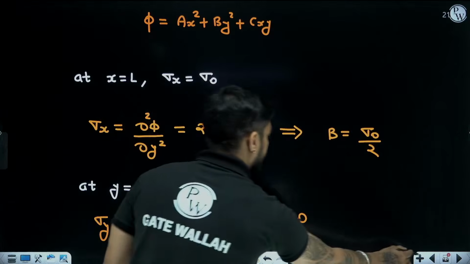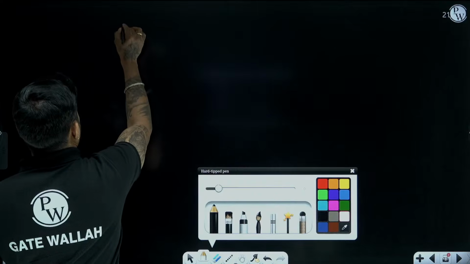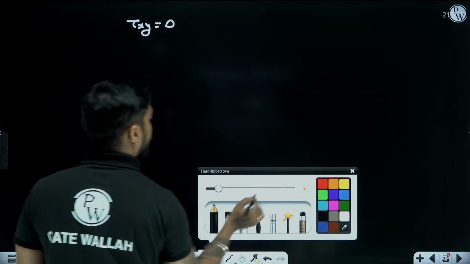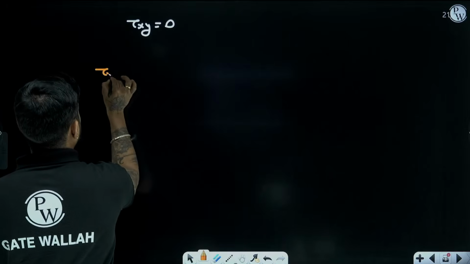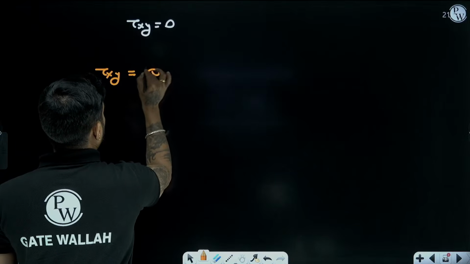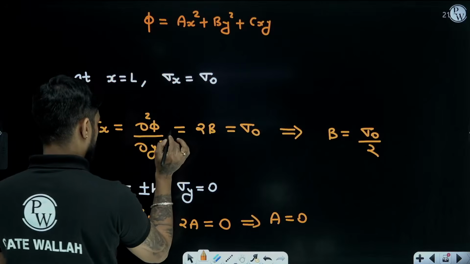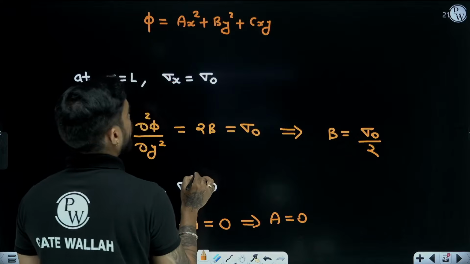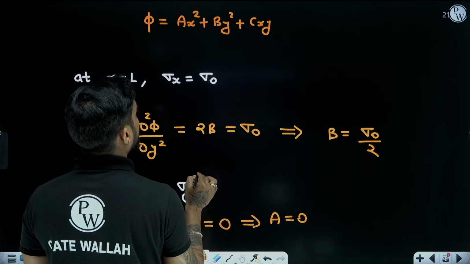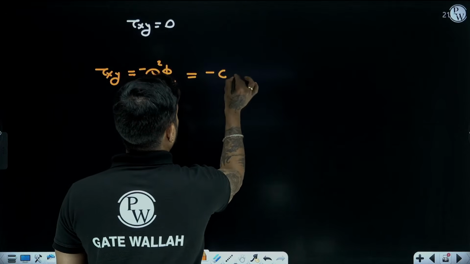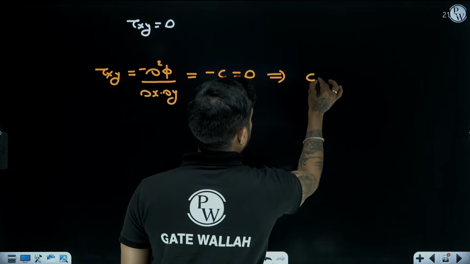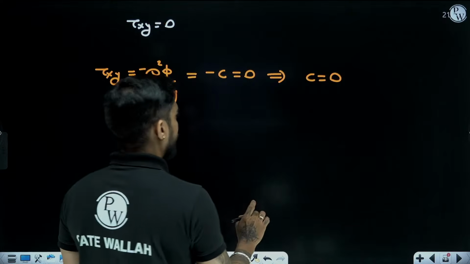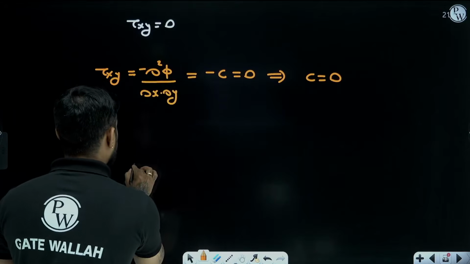Okay. Similarly, tau xy is also 0 on the boundary. So tau xy will be minus of dou square phi by dou x dou y, which will give you minus c. So this should be 0, means c should be 0, right?